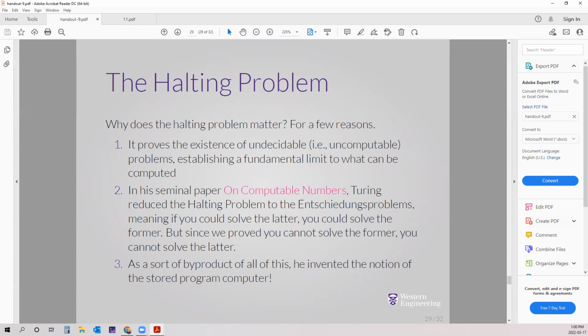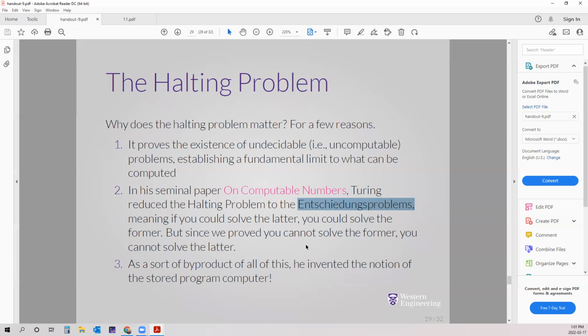In his seminal paper on computable numbers, if you need to read the paper, you just click on this, Turing reduced the halting problem to the Entscheidungsproblem, meaning if you could solve the latter, you could solve the former.